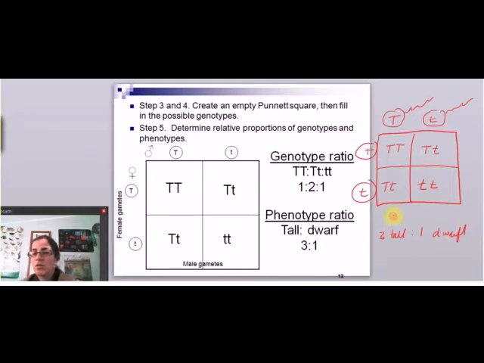And that's what's called the phenotypic ratio, because it's about phenotypes. You can also do a genotypic ratio. And in this case, it would be 1 big T big T to 2 big T little t to 1 little t little t. So it puts out all the different genotypes in a genotypic ratio.